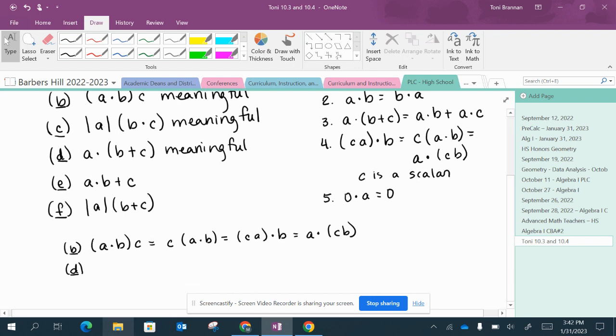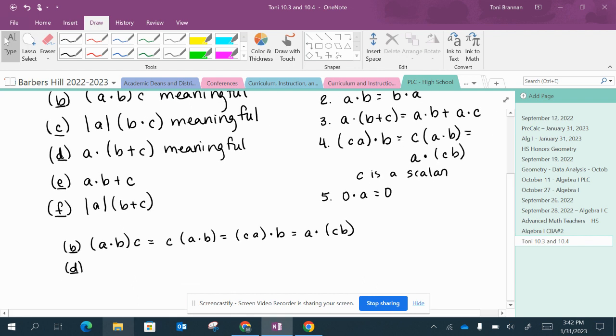We can find D. You see D real well right there. It goes with number 3. So I know that A dot product of B plus C is going to equal A dot product B plus A dot product C. So that's why it's meaningful.